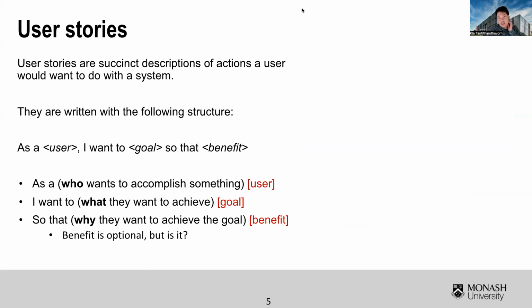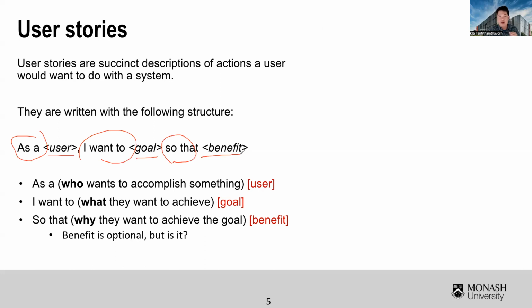User stories are succinct descriptions of actions that a user would want to do with a system. They are written in the following structure: as a who, I want to, what is the goal, what do you want to do with the system, so that, what are the values and benefits.